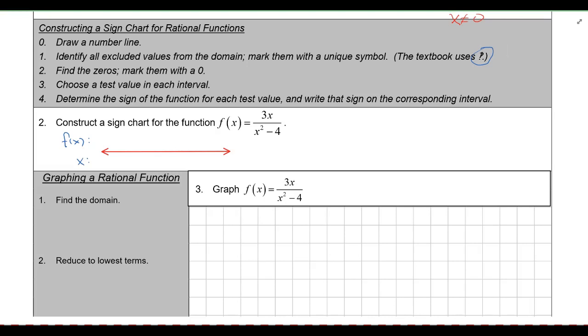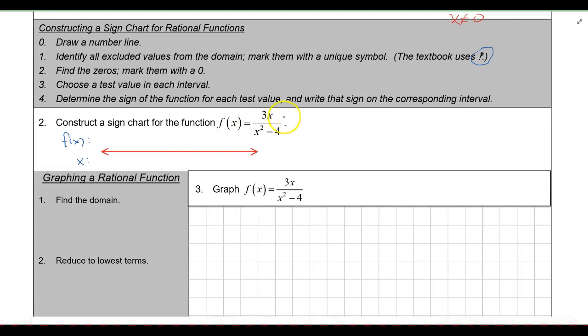So now that that's over, let's go ahead and see if we can finish off the sign chart for this function. I'm going to extend my number line out here a little bit. There we go. Okay. So any excluded values from the domain? Well, I'm sure there's some values here that are excluded. If I'm looking at x squared minus 4, I think I could rewrite that.